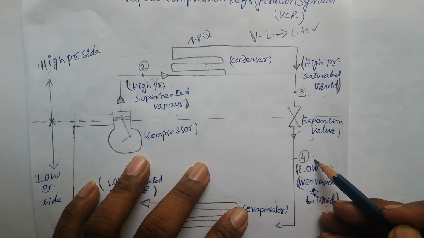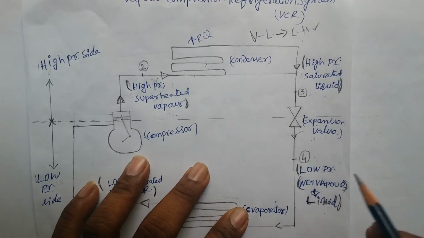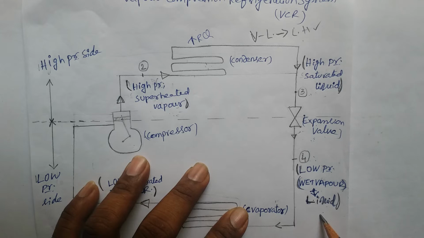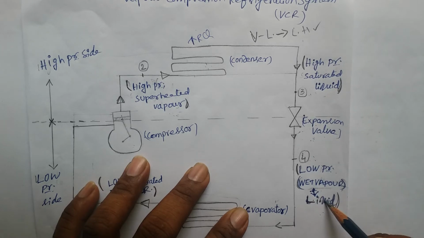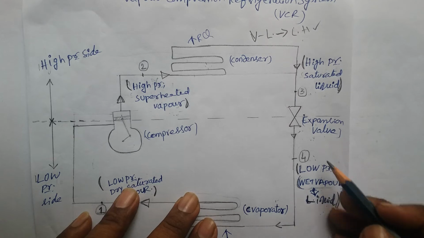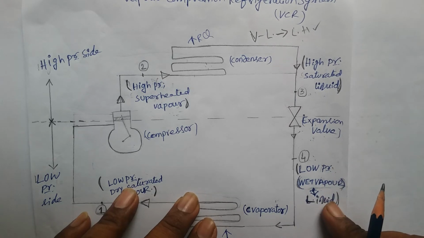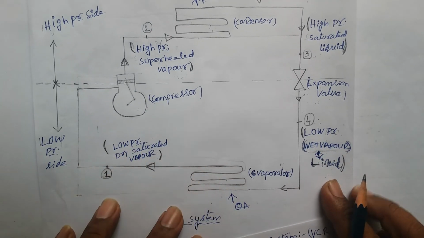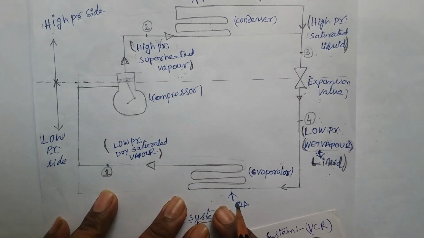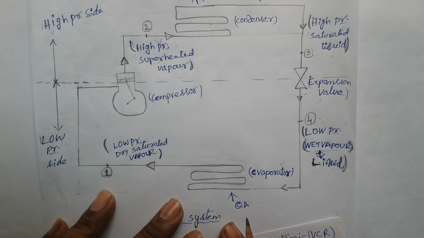Okay. So the refrigerant becomes low pressure liquid. That means it contains a very small percentage of wet vapor. After expansion, the state of the refrigerant is low pressure wet vapor, sorry, liquid. Then it enters the evaporator.